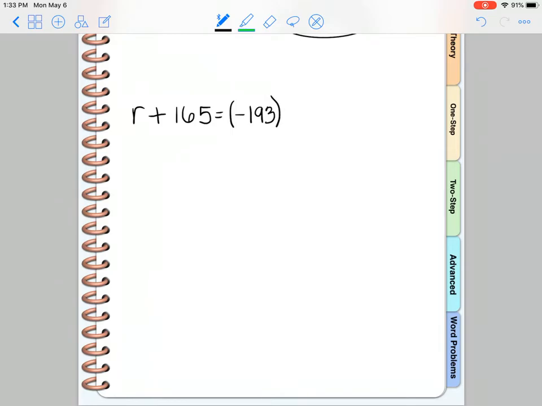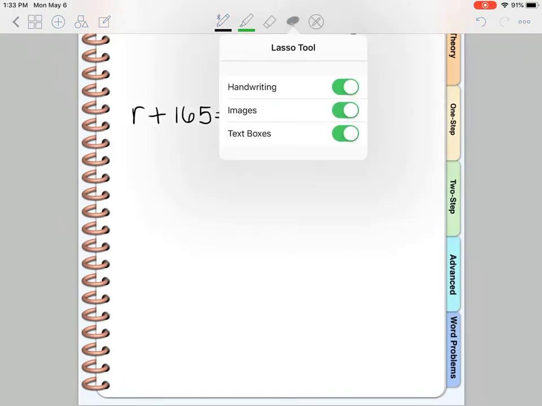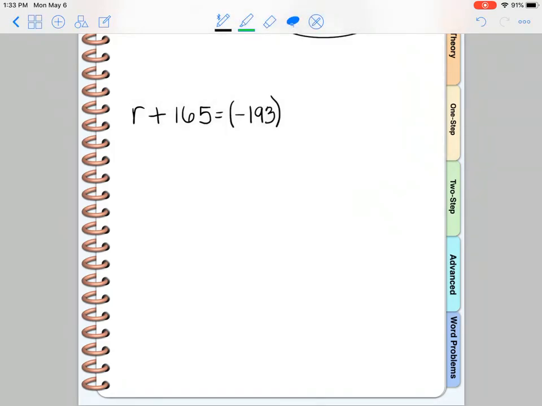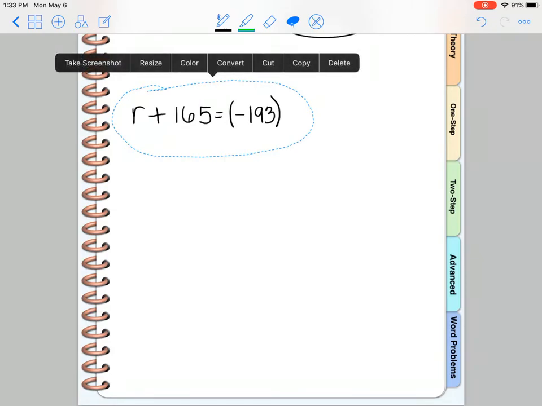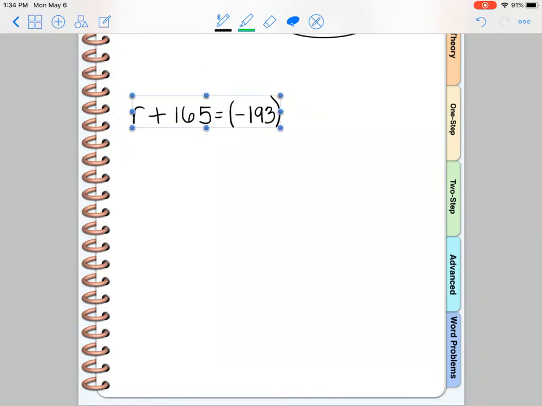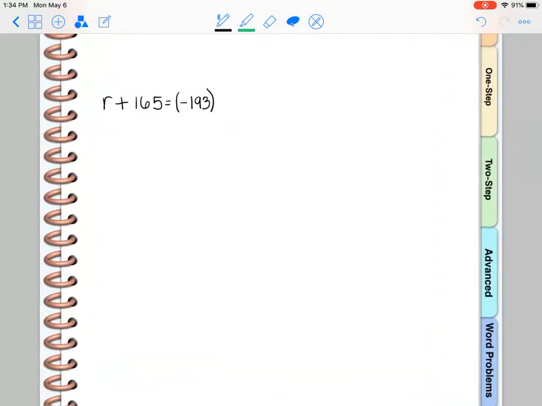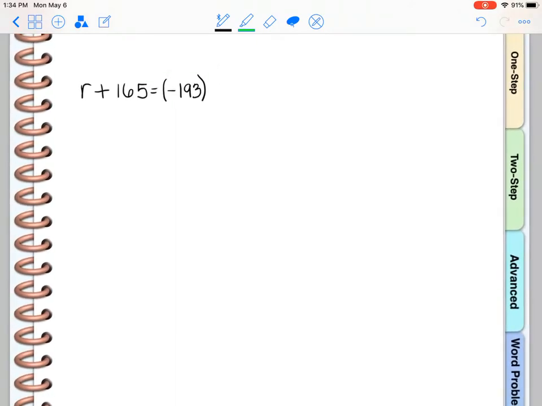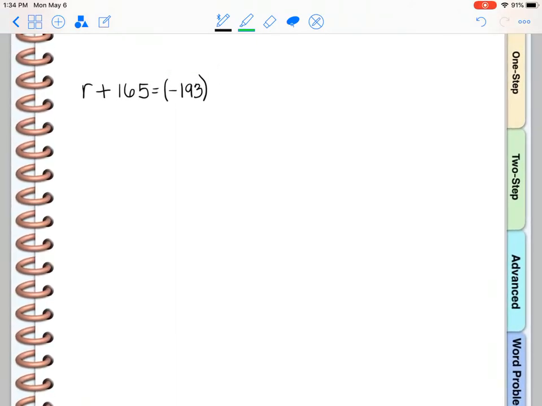So we have a negative this time, and that's okay. Don't let that get you upset. It is just a number. It's just a constant. So to put this one in the solving frame, I first need to draw a solving frame.